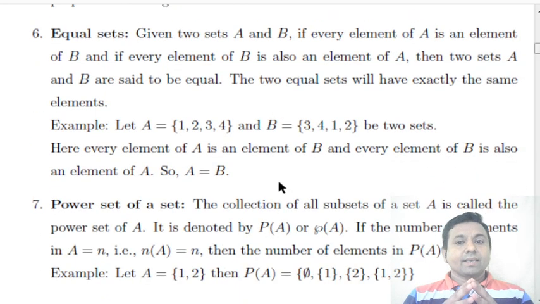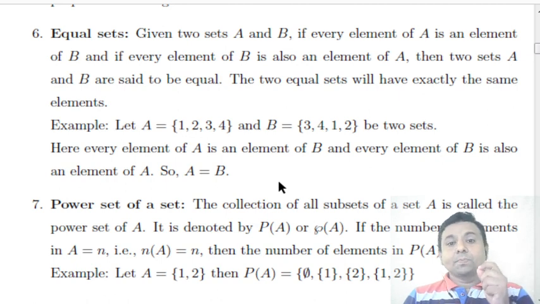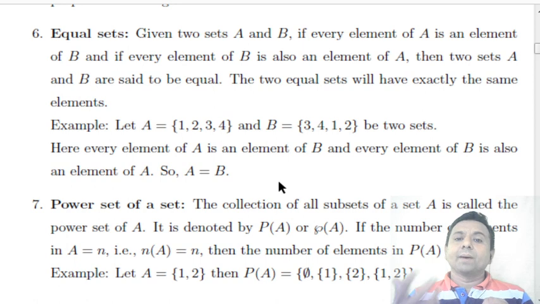Now let's start with equal sets. Given two sets A and B, if every element of A is an element of B and every element of B is also an element of A, then the two sets A and B are said to be equal sets. Equal sets obviously have the same elements as well as the same number of elements.